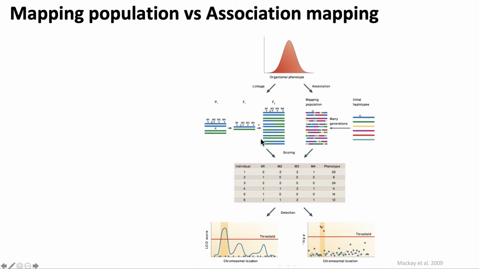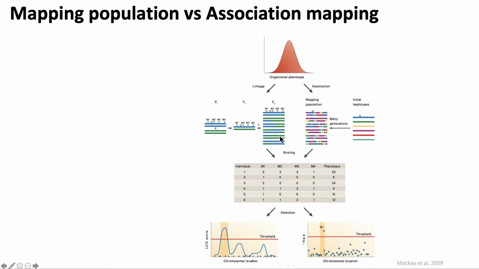To generate this population, we need some time and some resources in the breeding program. On the other hand, we have a diverse germplasm or a diverse population, and we don't have to generate that population, so we can just use all the individuals that we have in the breeding panel or a natural population of the crop that we're working on, and then we have to collect the genotype.